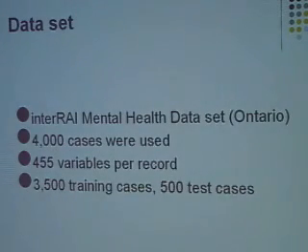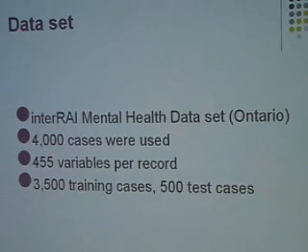In the results that I'm showing here, we did a lot of different tests, but the one I'm showing, we used 3,500 for training the algorithms, or making the knowledge discovery, and then 500 for applying that discovery. So the results I'm going to show are from the application of our knowledge on the test cases.